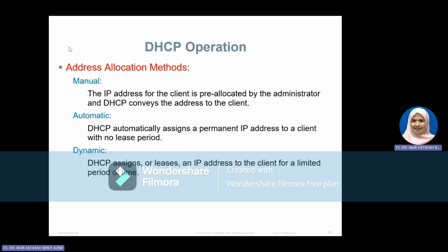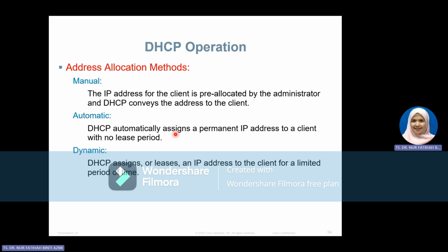Now let's look at the different ways this DHCP server can give out IP addresses. The first one is manual allocation, where the network admin decides exactly which IP address a device will get, and the DHCP will just send it.